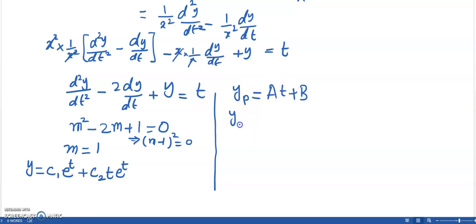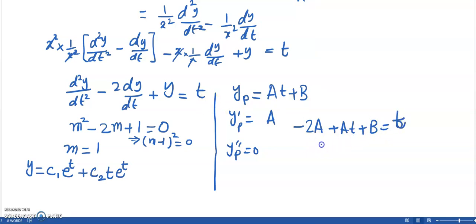So yp prime, the first derivative, will be a, and the second derivative will simply be 0. Now we can input these values: 0 minus 2a plus at plus b is equal to t.